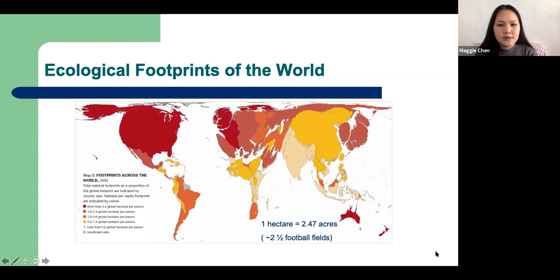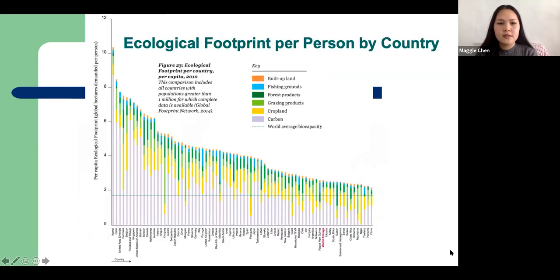More specifically, if we look at highly developed countries, this graph is looking at 2010 data of ecological footprint per country per capita. On our horizontal axis, our different countries are listed out from highly developed and moving onwards based off of ecological footprints.